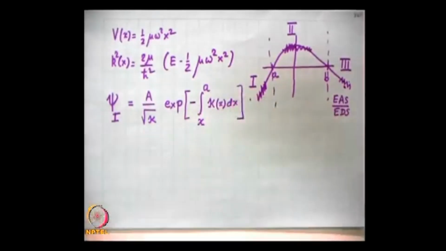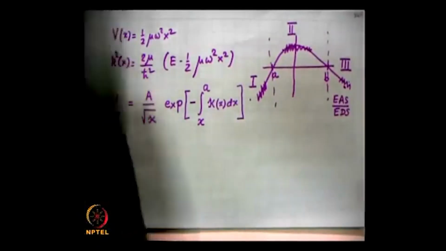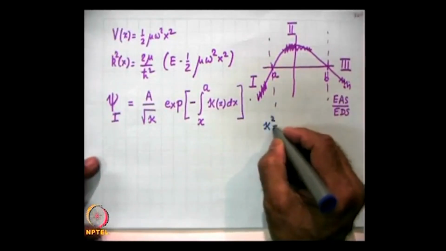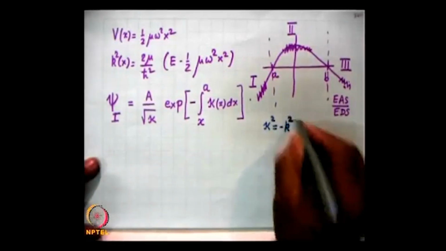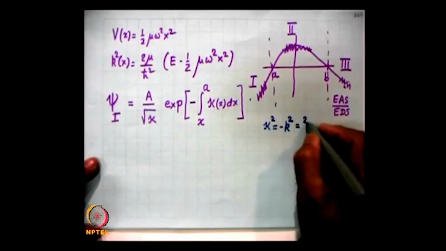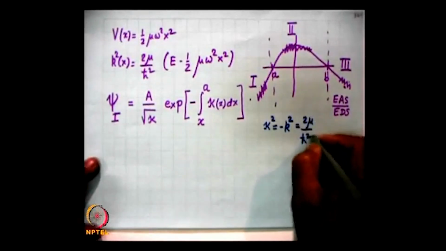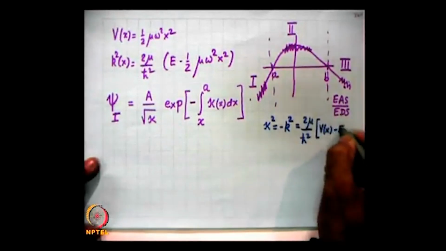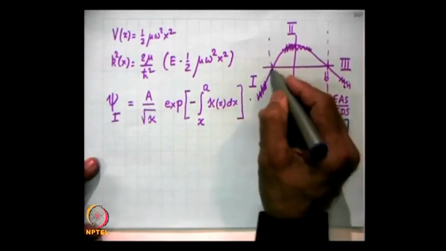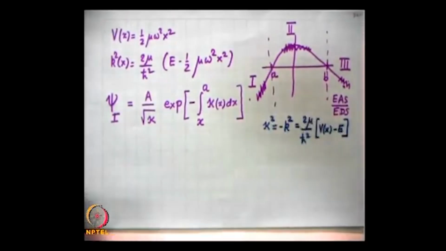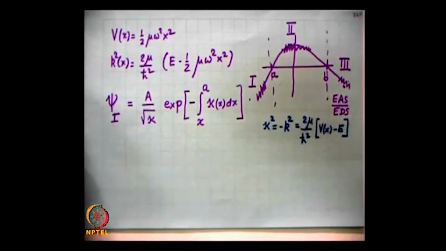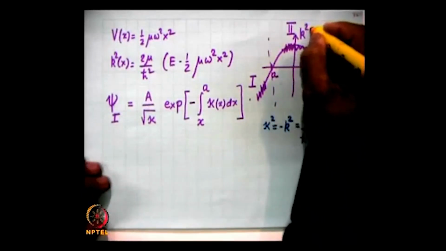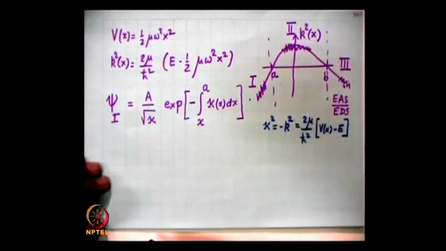So, what is the kappa? Kappa square is equal to minus k square of x, and in this case therefore, this is equal to 2 mu by h cross square times V of x minus E, because for x less than a, V of x is greater than E, and so this is the variation of k square of x, as we had discussed in our last lecture.